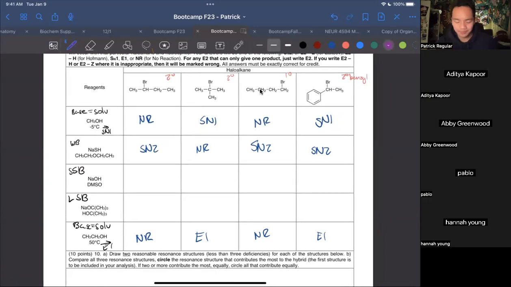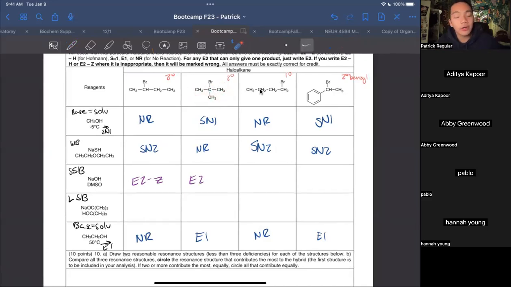Let's do purple again. Small, strong base. Secondary, E2 Zaitsev. Tertiary, E2. It would be Zaitsev, but this is the real kicker. Not tertiary, methyl group, methyl group, methyl group.